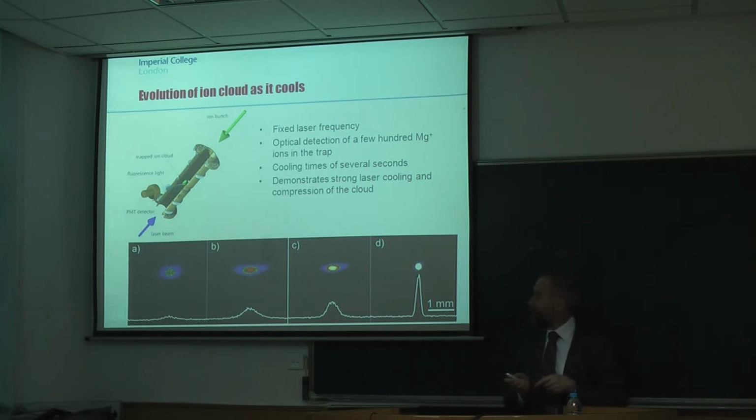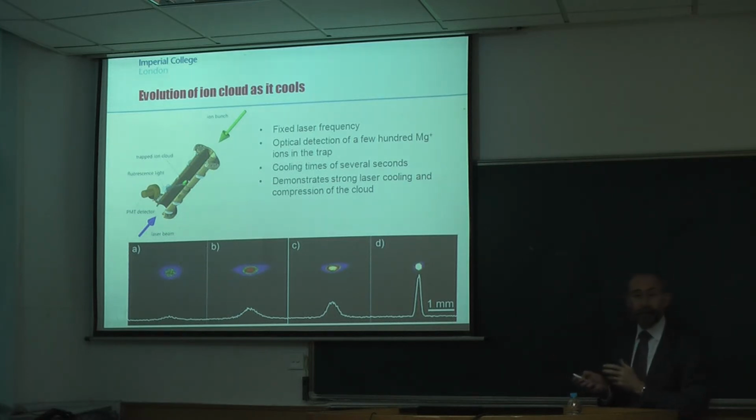And here you can see an example. Here we're detecting the fluorescence on a CCD camera, after the ions have been loaded into the trap and as they cool down. Initially, the cloud is diffuse, it's spread over a large area, and the amount of fluorescence is low.